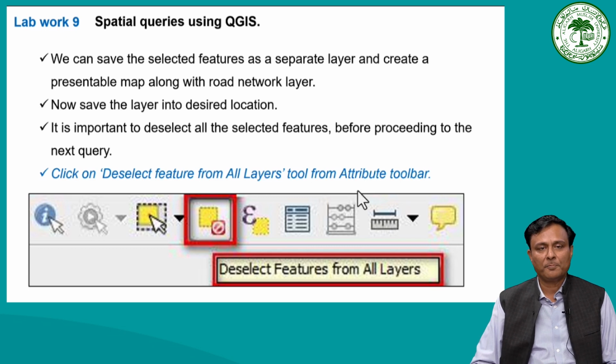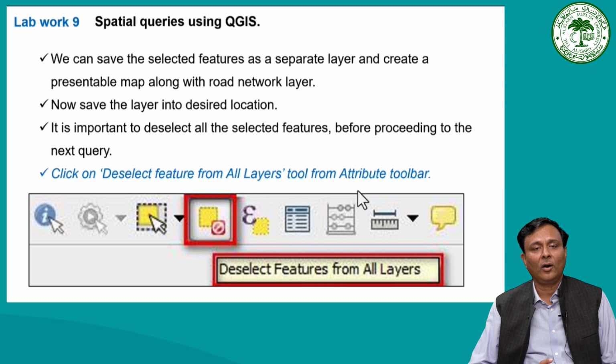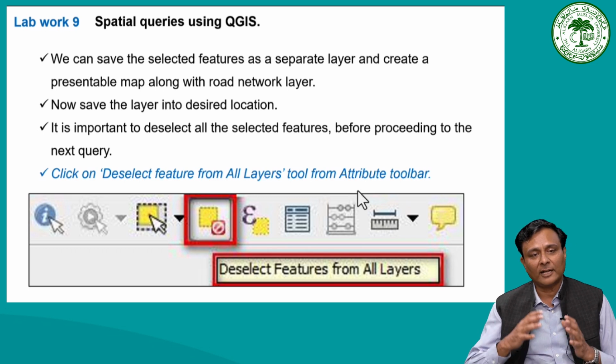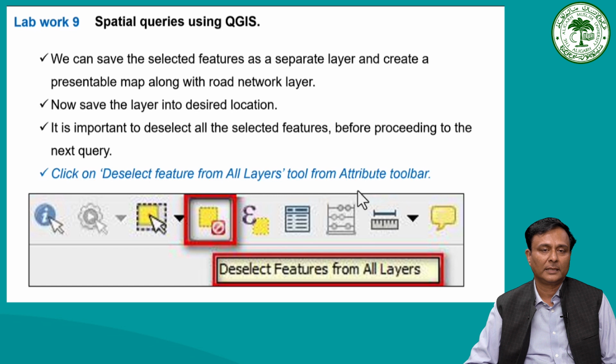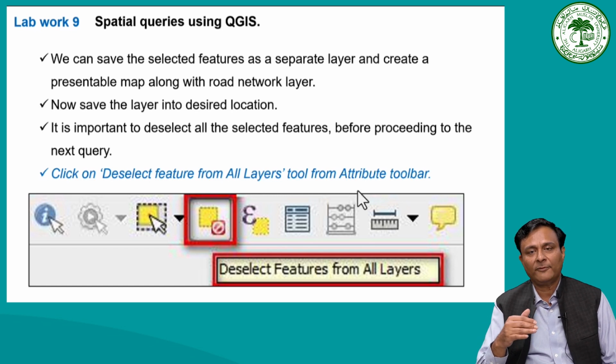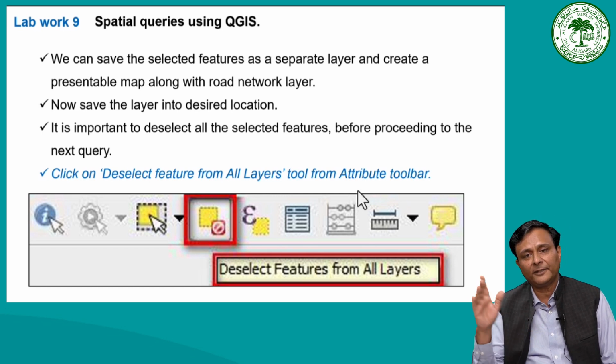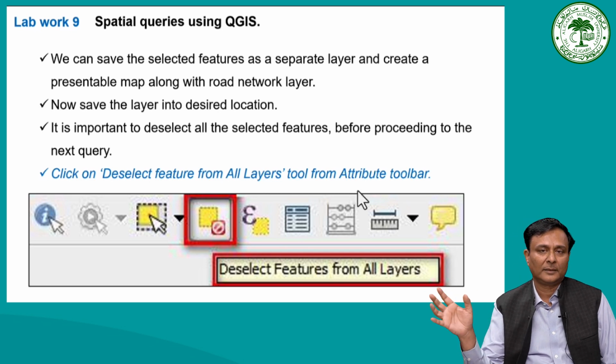Now here is one more important feature which you should take into consideration. When you save the layer into the desired location, it is very important to deselect all the selected features before proceeding to the next query. You see, clicking on the deselect features from all layers tool from the attribute toolbar is very important. Why? Because otherwise, whatever spatial query we have made will connect with the previous data sets.